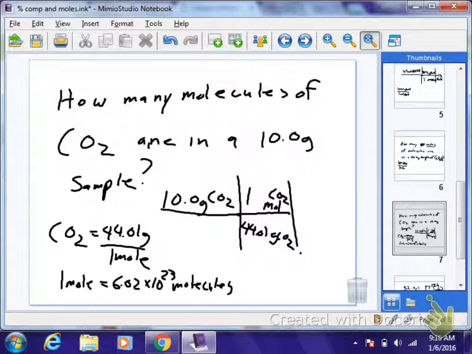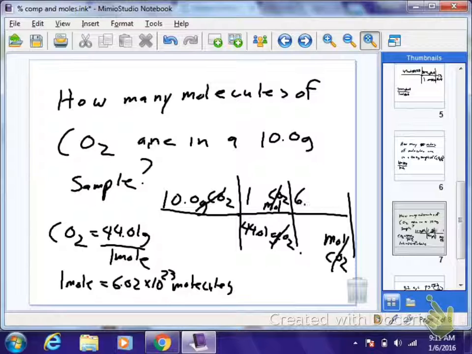So my next step should be what? Which molecules? Moles cancel out. Want to cancel them out? Well, I'm not going to put numbers in. So right now I have moles. How come you didn't cancel out grams? Okay? So the next thing I'm going to do is put up here how many molecules are in a mole.